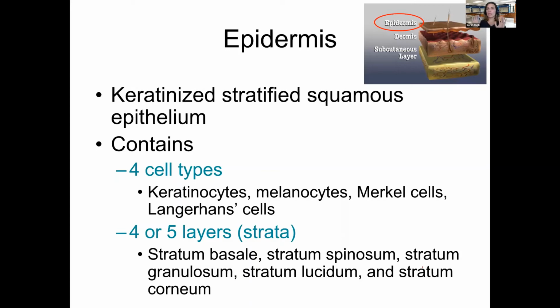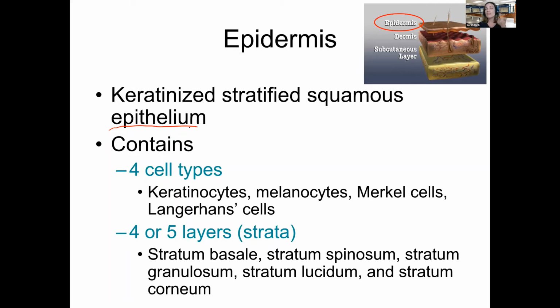So we're going to start in the epidermis, and I'm going to walk you through the cell types in the epidermis, and I'm also going to talk about the layers of the epidermis, okay? So remember, again, the kind of tissue in epidermis is epithelium. Now, specifically, what kind of epithelium? Remember, we have 2 kinds, simple and stratified.